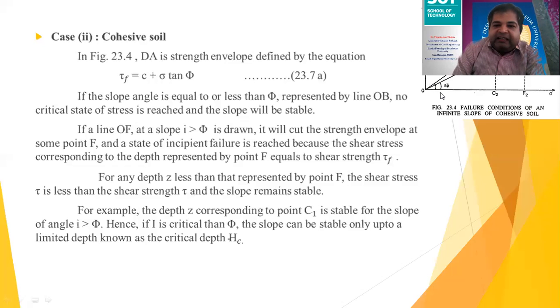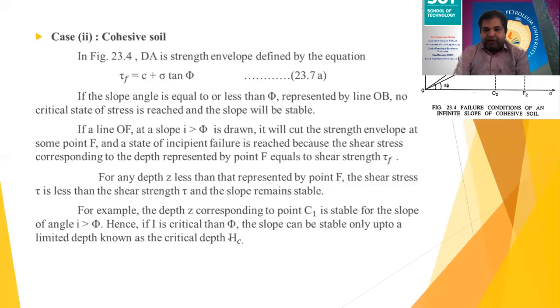It will cut the strength envelope at some point F, which is here. And the state of incipient failure is reached because the shear stress corresponding to the depth at point F is equal to the shear strength tau f. So at point F, the value of shear stress becomes equivalent to the value of tau f.